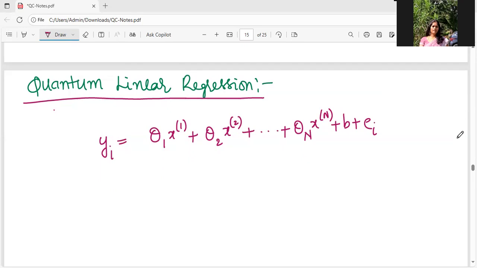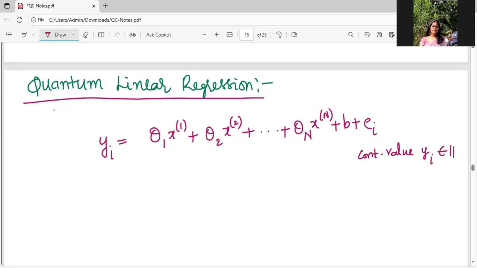Suppose I am considering a problem where we try to predict the continuous value of the variable yi for a given set of input features x1, x2, and so on, xn.